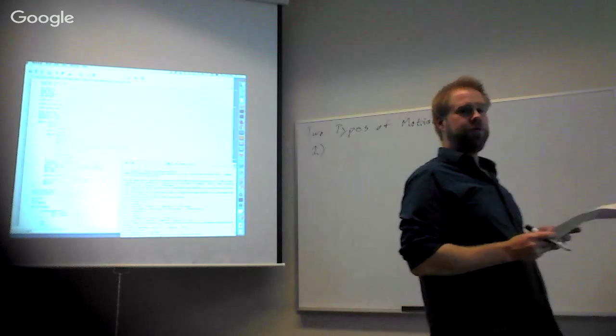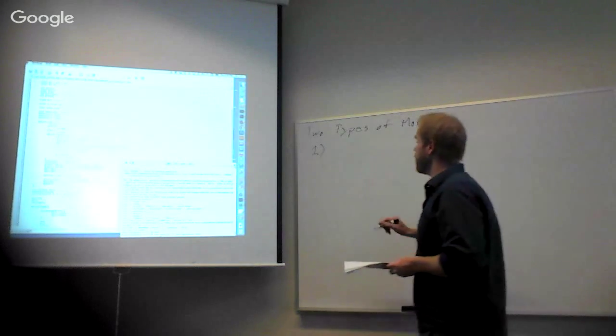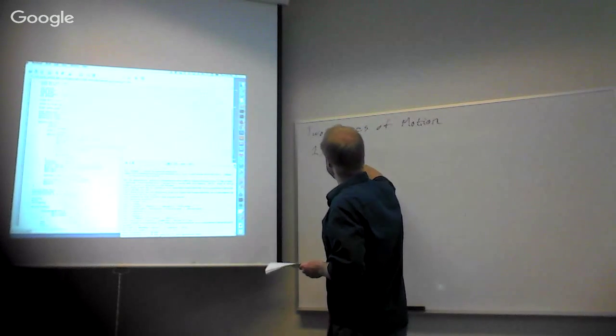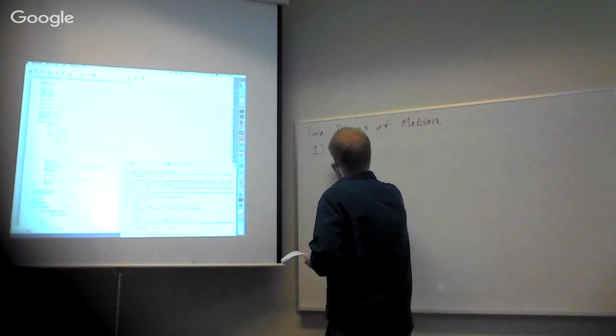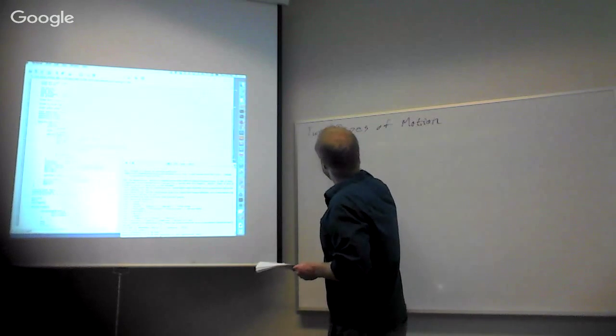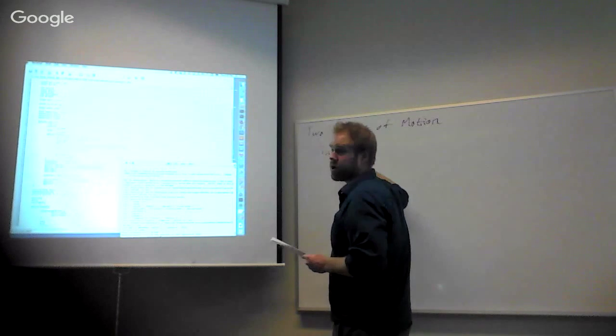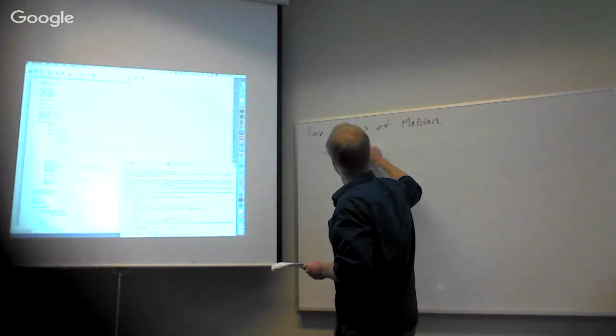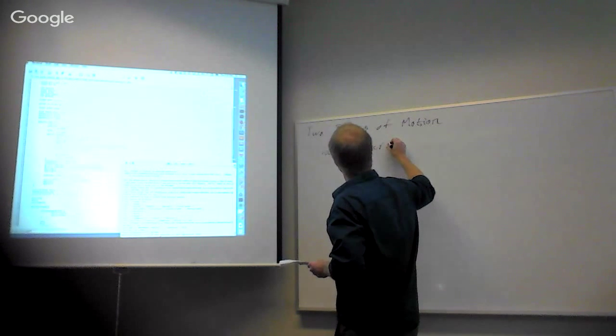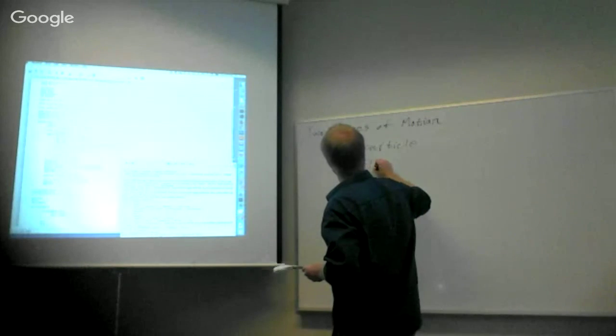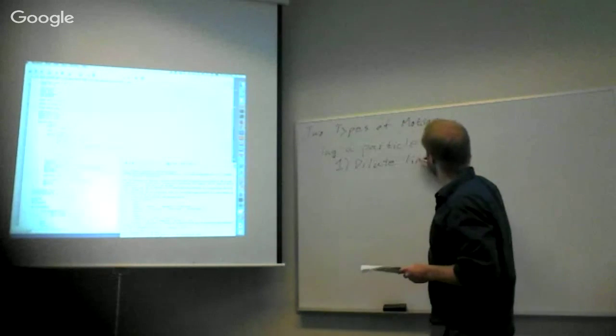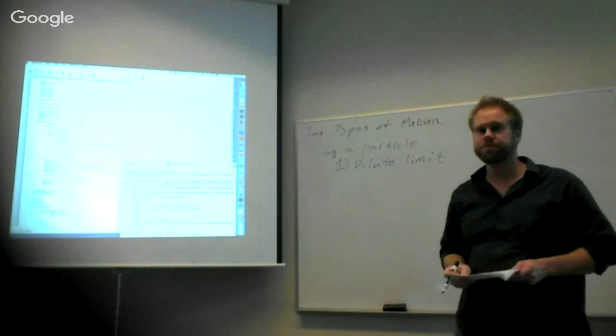For the first type of motion, let's look at a single particle. We're going to tag a particle in the simulations we've had so far, the interacting gas, and let's watch it in the dilute limit. So when there's barely any particles.